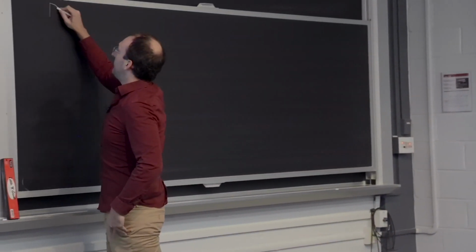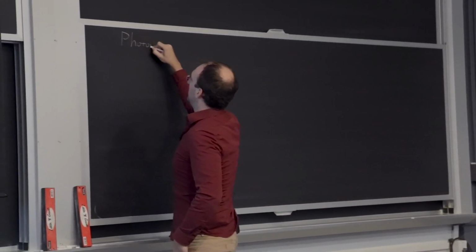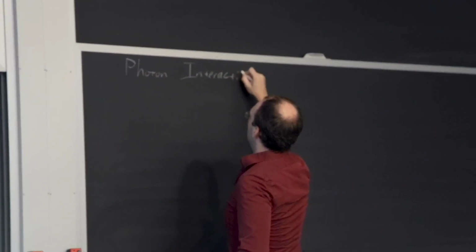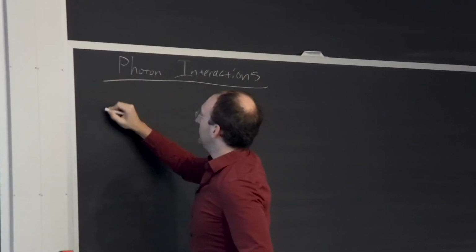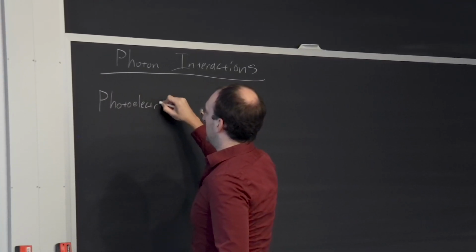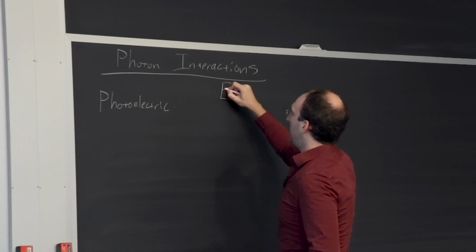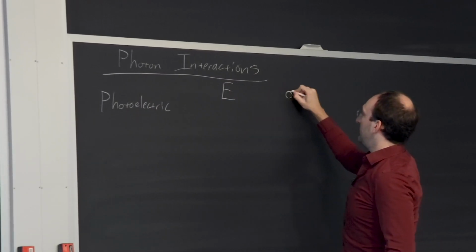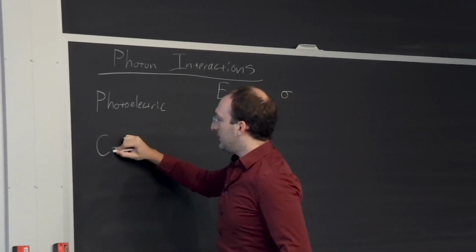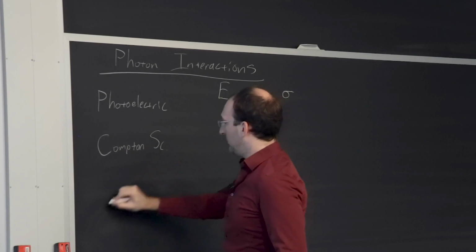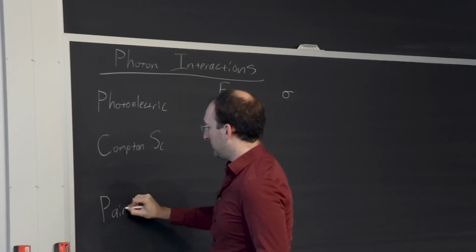We talked about different photon interactions, which include the photoelectric effect. Let's say this will be the energy of the scattered whatever, and this will be its cross-section. We talked about Compton scattering. We talked about pair production.